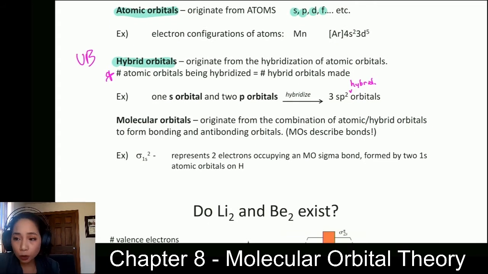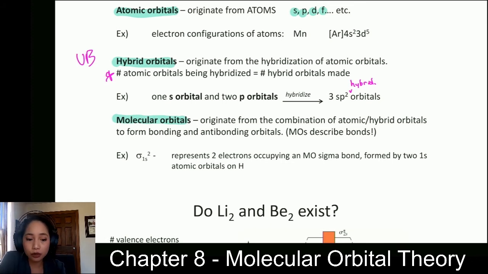Now, molecular orbitals originate from combining adjacent atoms. When you combine either atomic orbitals or hybrid orbitals on different atoms, you make molecules, because you're combining different atoms.